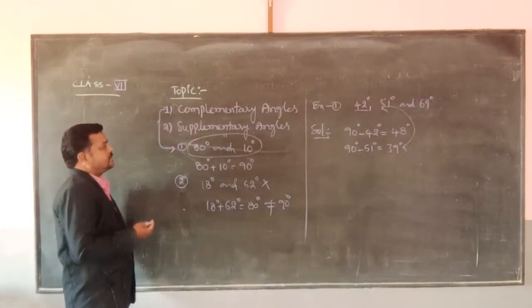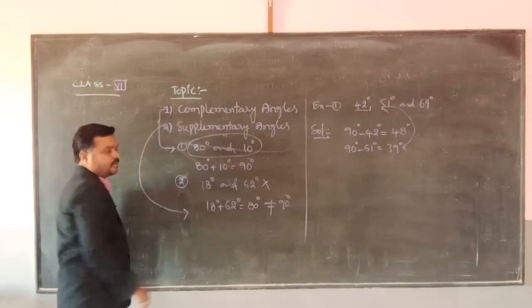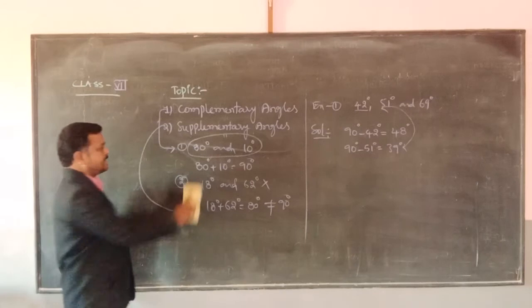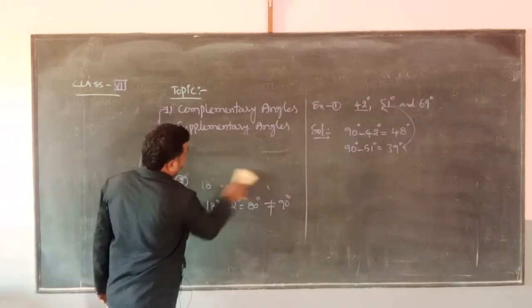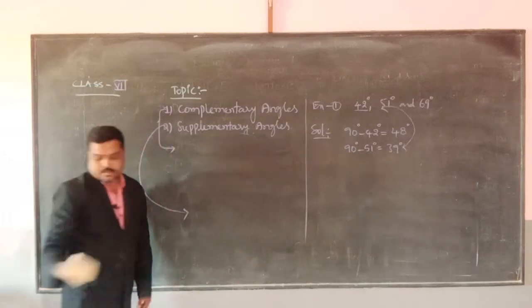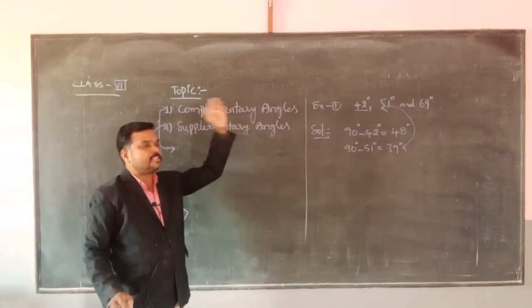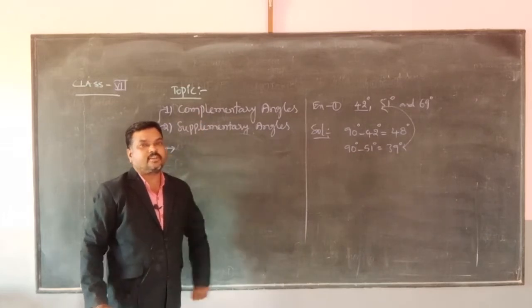Then the next concept is supplementary angles. What is the meaning of supplementary angles? See, we know very well that complementary angles mean the sum of two angles is equal to 90 degrees.